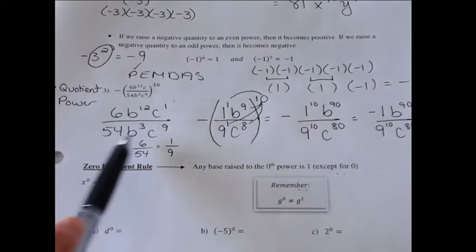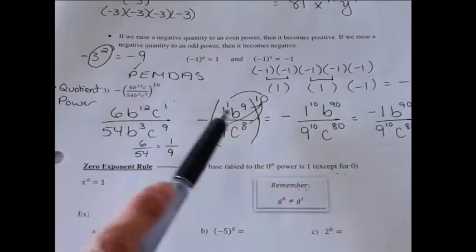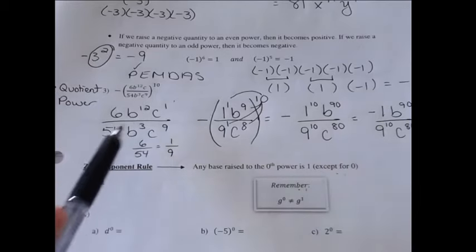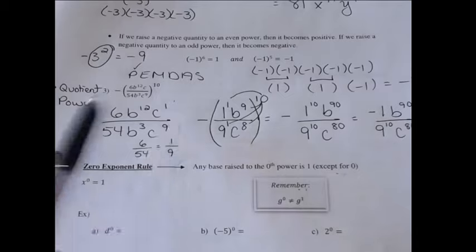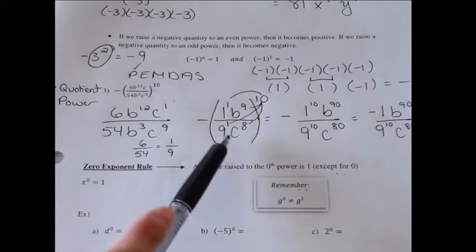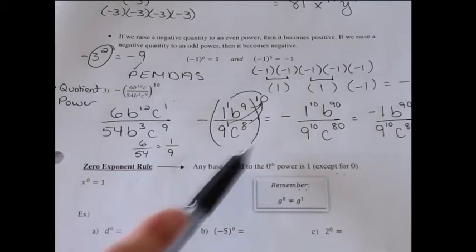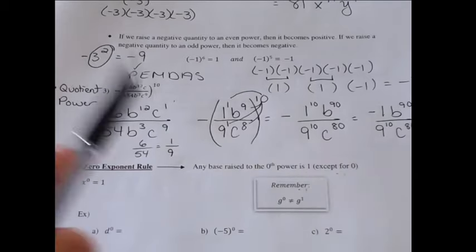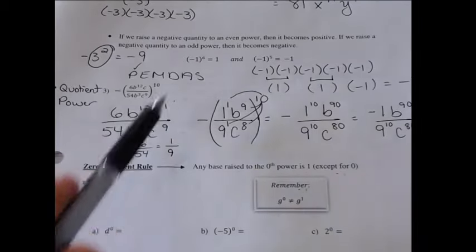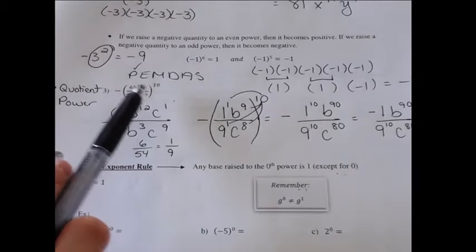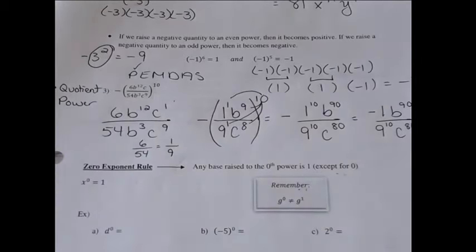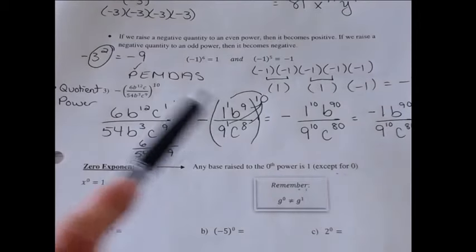I simplified it, which resulted in a 1 to the first power, a b to the ninth, over a 9 to the first, and a c to the eighth. I put the parentheses back, brought the negative back in front, and raised it to the 10th power. All I did was rewrite the problem with the simplified version of what was inside the parentheses. At this point, we had the power rule, so we took our power on the outside and multiplied it by each of the powers inside, again because this is one whole term.